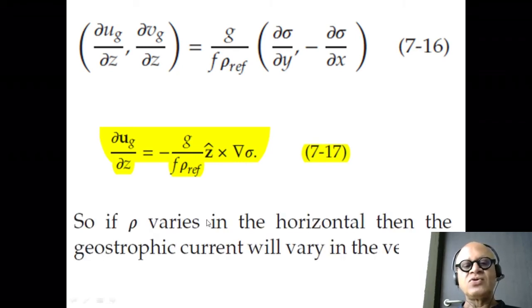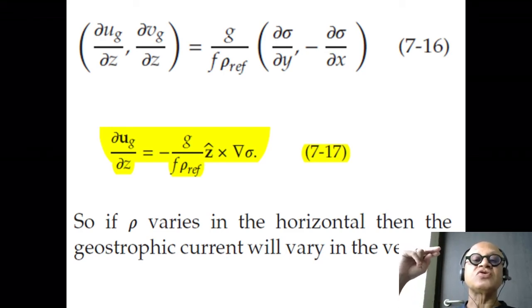So if rho varies in the horizontal, then geostrophic current will vary in the vertical. Whoa, that's pretty amazing, right? So if you have density gradient in the horizontal and you have geostrophic balance, then the horizontal density gradient is going to produce a vertical geostrophic current variability. So horizontal density gradient is going to give you vertical geostrophic shear.